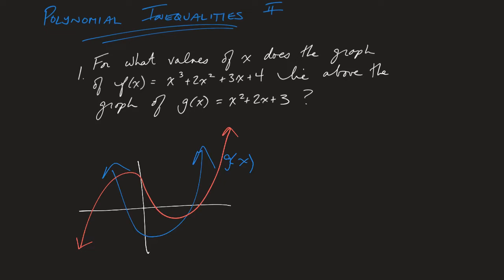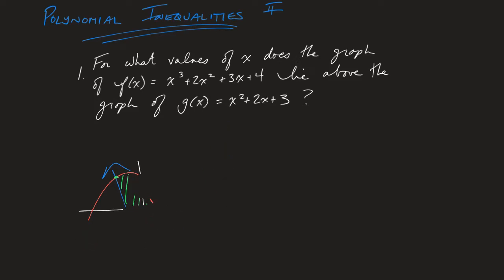And yes, if given those pictures, you could figure out where my red curve lies above my blue curve, and you could then state those solutions. Yes, you could do that graphically. However, I don't think that should be your default.